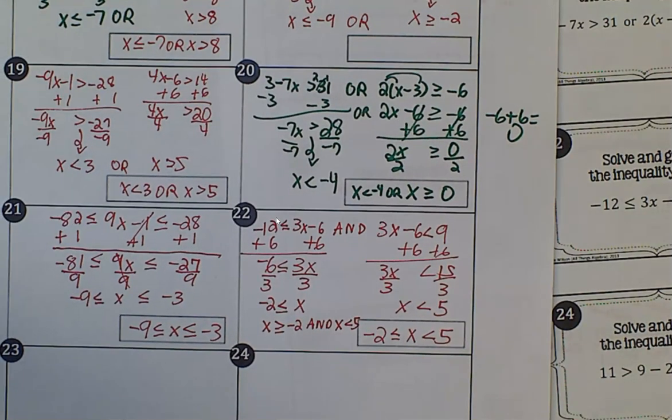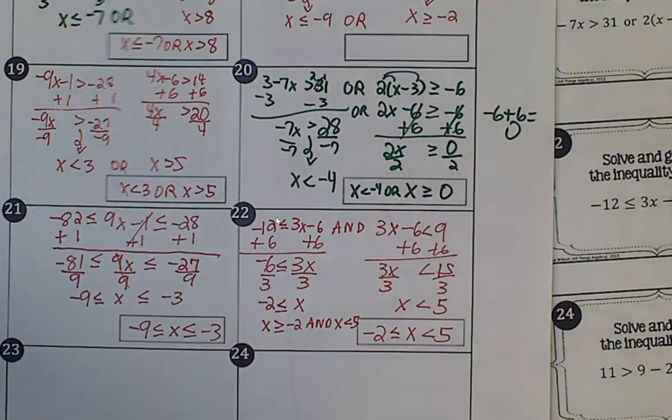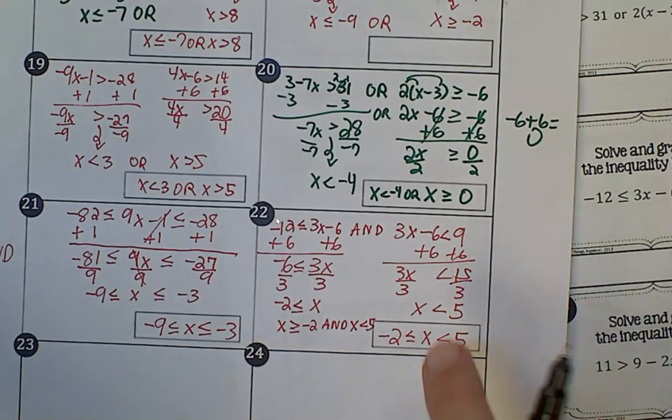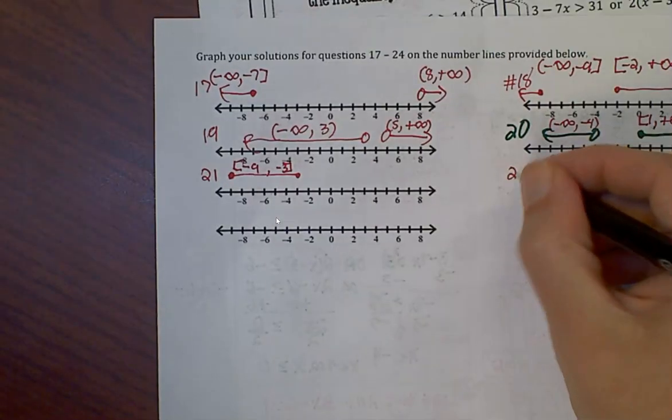Then x is greater than or equal to negative 2 and x is less than 5. It's the same thing. So we go closed circle on negative 2, open circle on 5, meet in the middle.